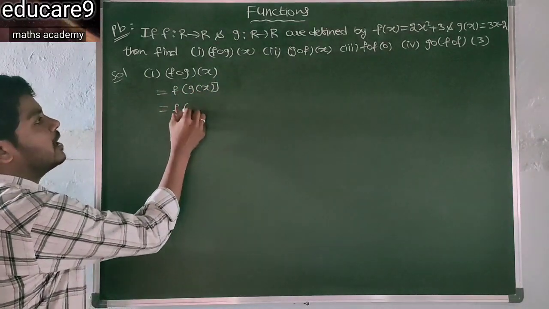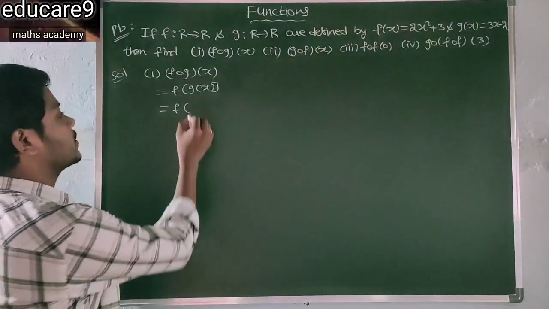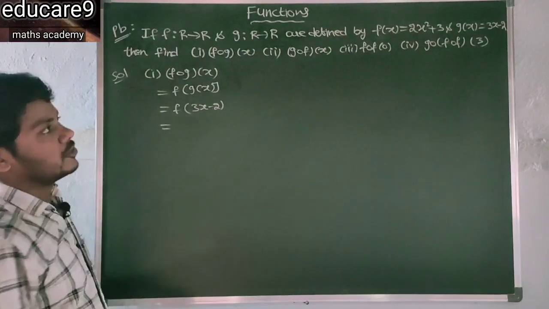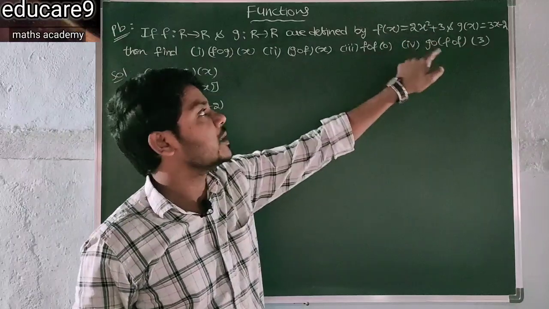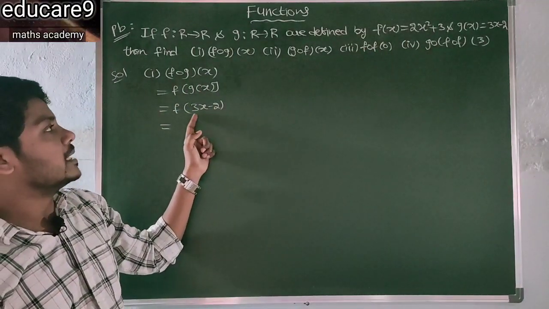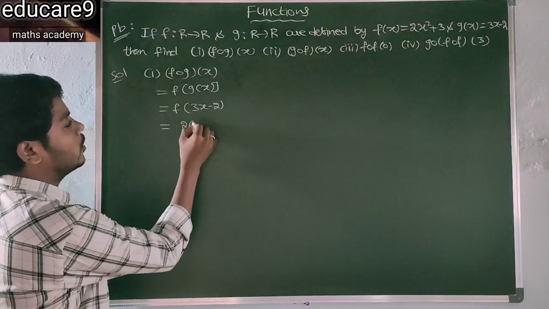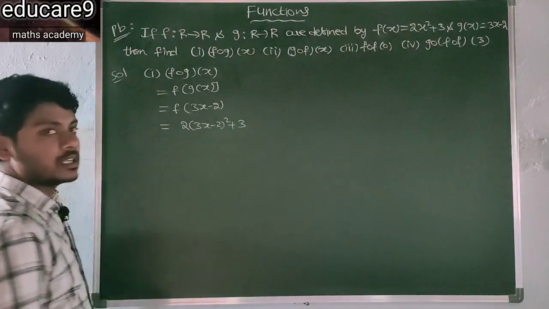So what is g of x? That is 3x minus 2. So substitute here 3x minus 2. You know that f of x value is 2x square plus 3, but here in place of x, 3x minus 2. So replace x by 3x minus 2. So that is 2 into (3x minus 2) whole square plus 3.